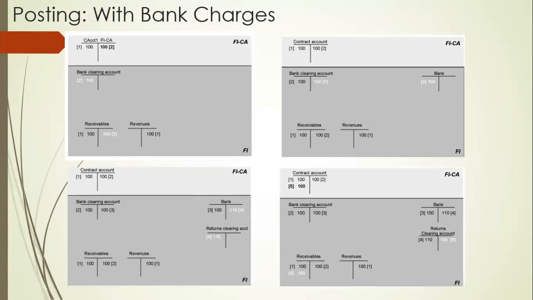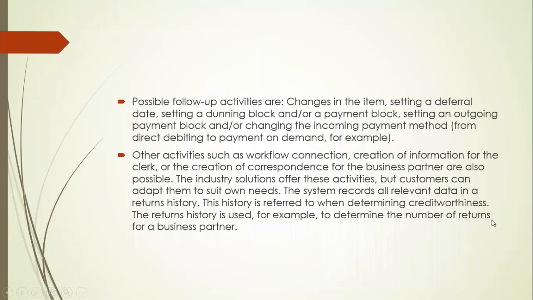Otherwise, it will go to another ledger against the contract account. Finally, you can see the clearing account has 110 and the returning amount is 100. So the bank is expecting 110 against the 100 now. The bank resets itself. Now it is expecting, for the same contract account, 110 against the 100 which is not cleared. That means it puts some charges.